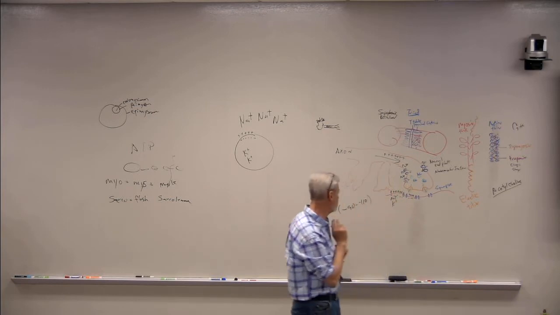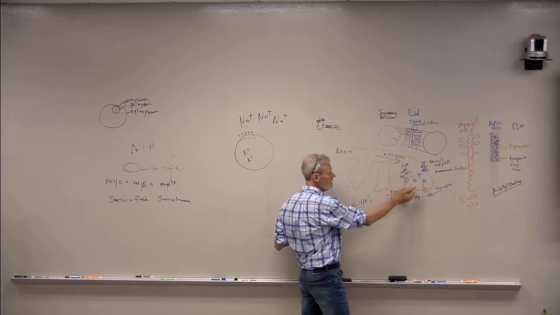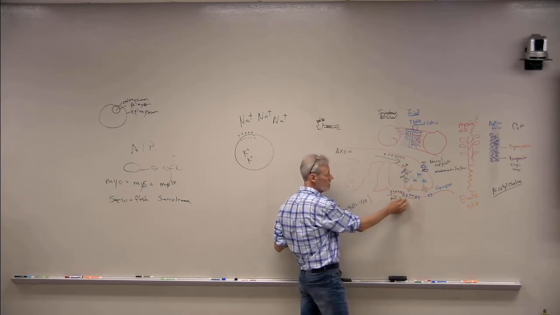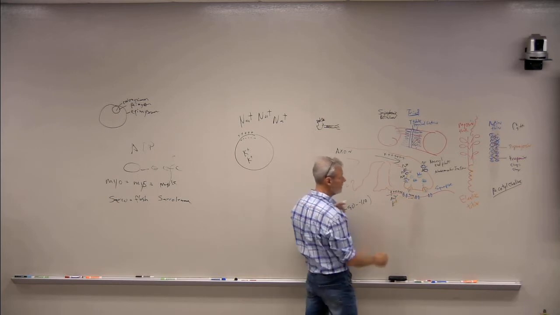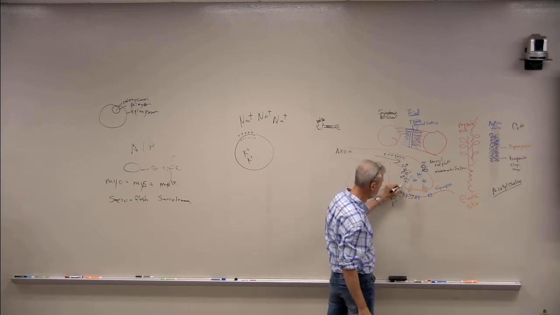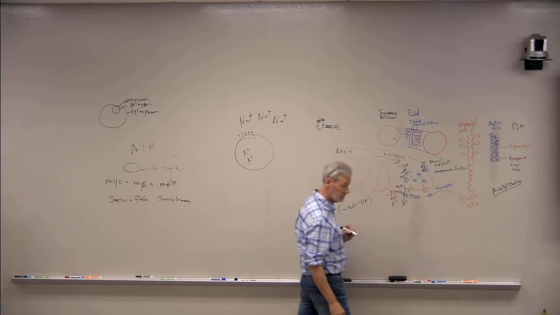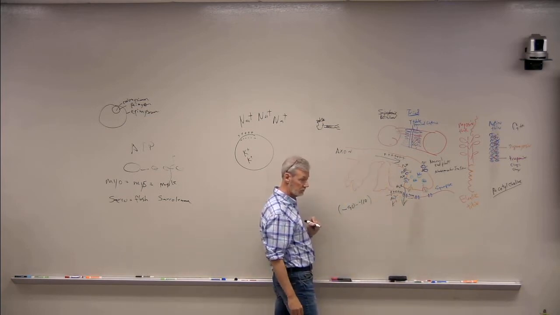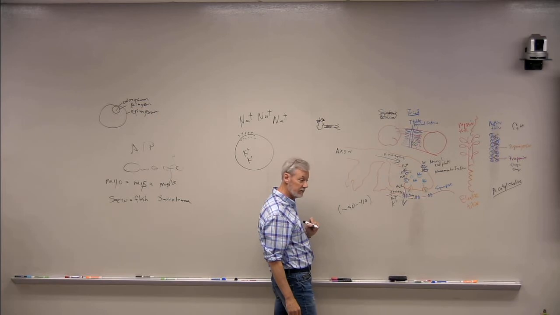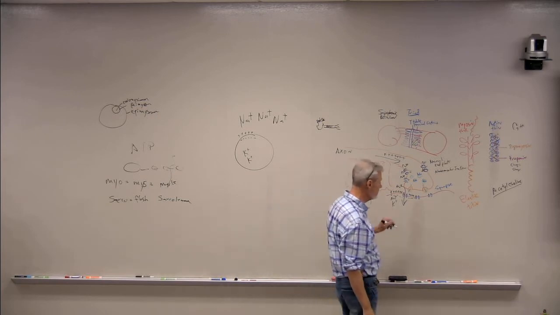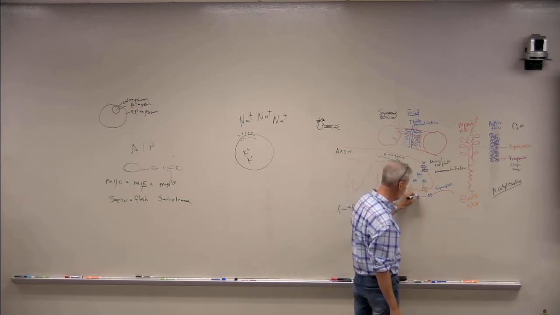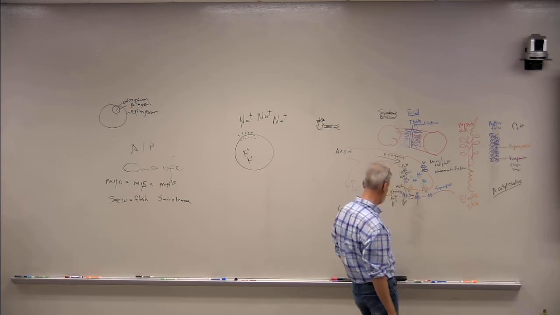So what happens is, when the acetylcholine comes across, the sodium channels are opened, and sodium, remember sodium is positively charged, comes flowing in. A split second later, the potassium channels open and the potassium flows out.